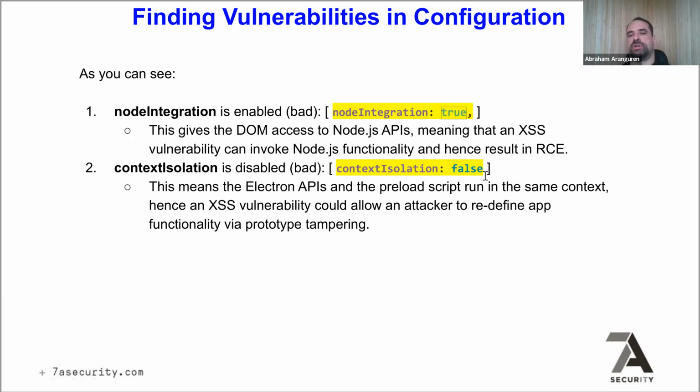Then context isolation. When context isolation is set to false, this is also bad because it means that any XSS that you have in the application will run in the same context as the JavaScript of Electron and the JavaScript of the main process, right? Of the application. With this, we can mess with Electron in two ways.